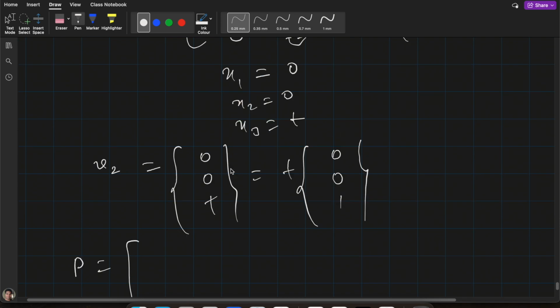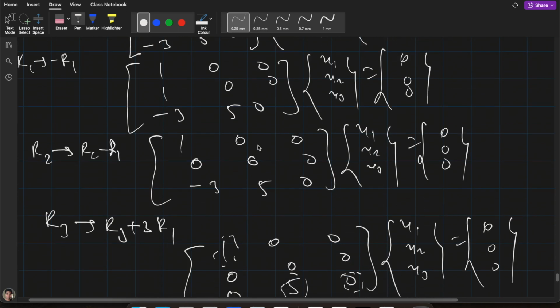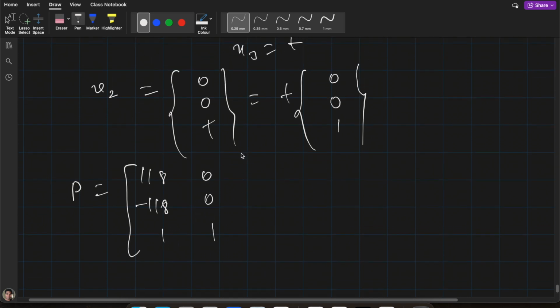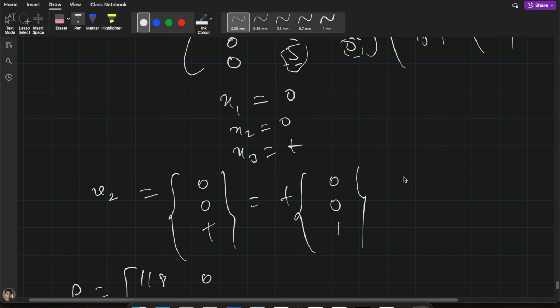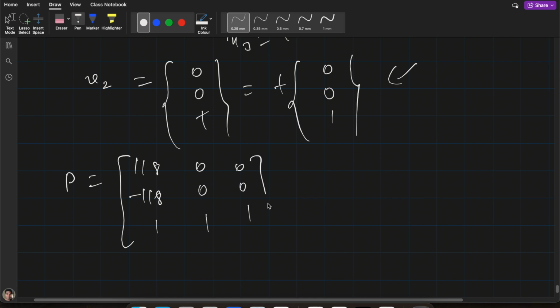P1 is what? 1 by 8, minus 1 by 8, 1. 1 by 8, minus 1 by 8, 1. 1, 0 0 1. Again you can see that you are getting only one eigenvector, which means that you have repeated.